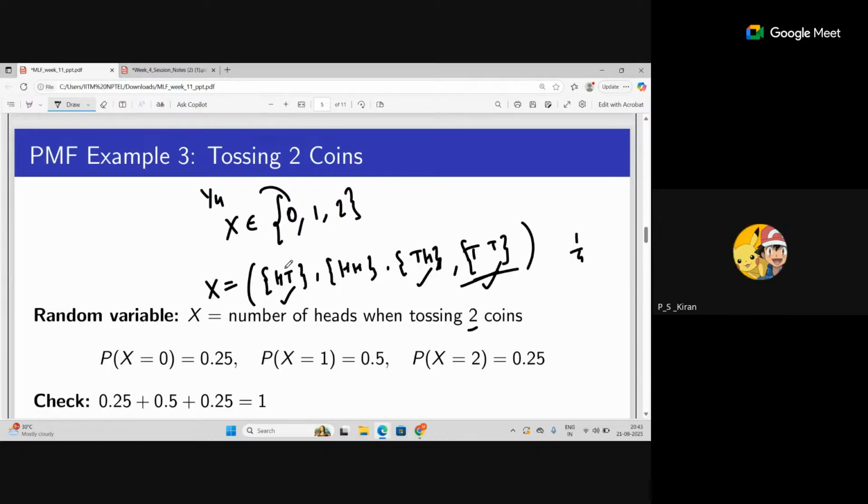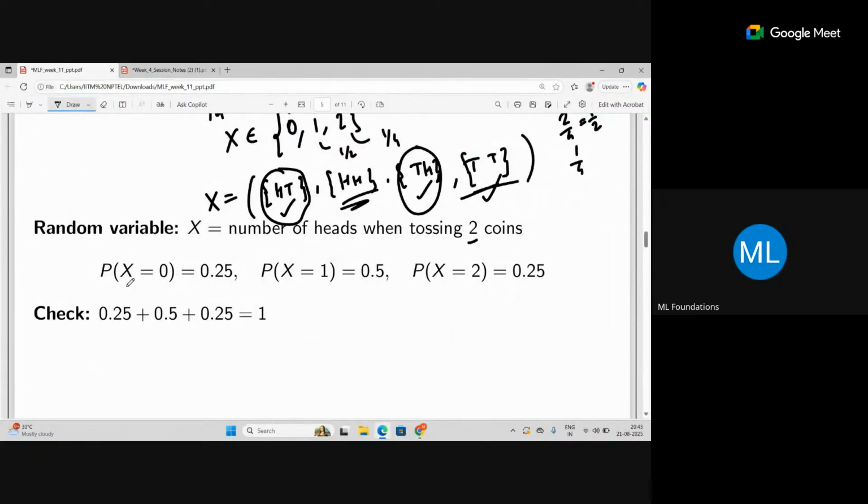One head occurs 2 times, so it is 2 by 4, which is equal to 1 by 2. And x equal to 2 is this one, 1 by 4. So my probability mass function will look like this: x equal to 0, 1, and 2, probability that X equals x will be 0.25, 0.5, and 0.25. Is that fine?